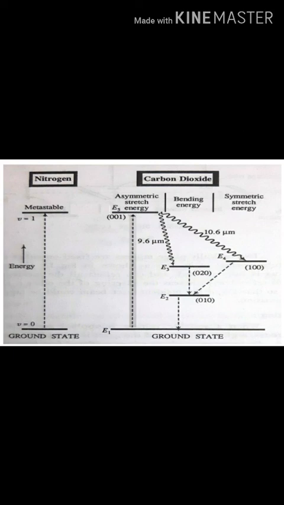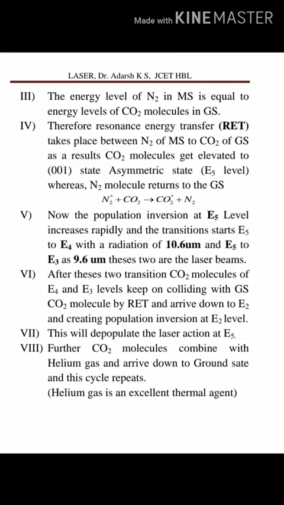Further, helium gas, which is an excellent thermal conductor, helps: all the CO2 molecules in the E2 level come to the ground state by emitting heat radiation. Hence this cycle repeats. So this is about the working of the carbon dioxide laser.